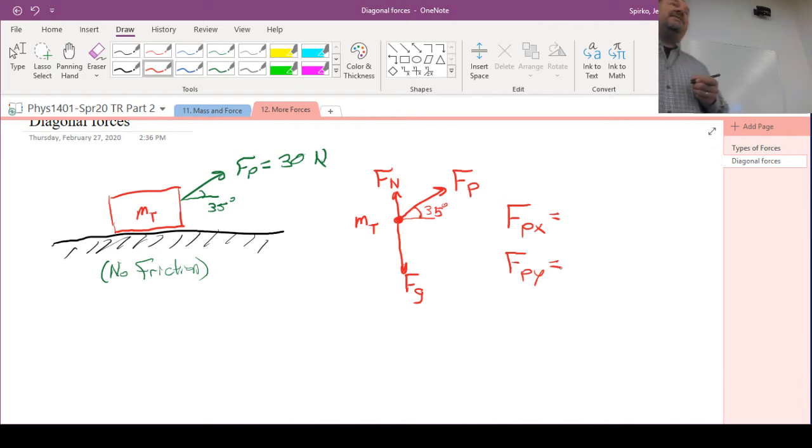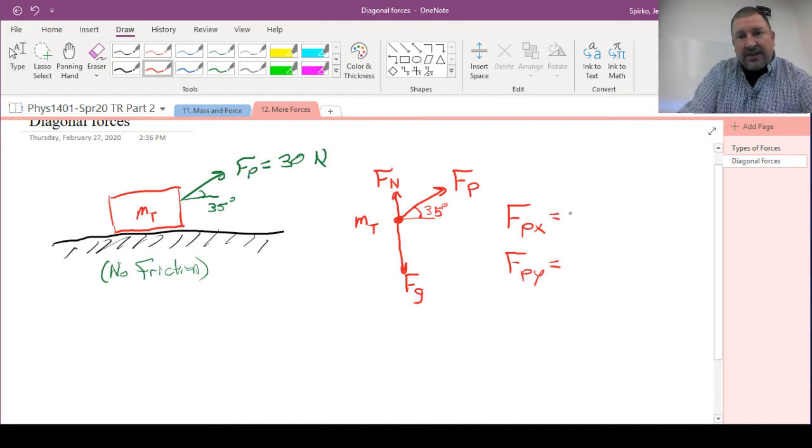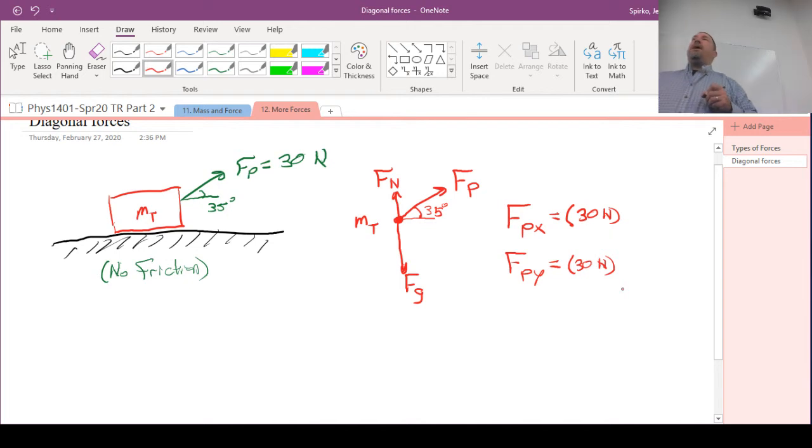So I don't need any minus signs. Each one of these is going to start with our 30 newtons. And one of them is going to be multiplied by the sine of 35 degrees. The other one's going to get multiplied by the cosine of 35 degrees. And the cosine goes with the adjacent, because SOHCAHTOA, cosine is adjacent over hypotenuse. So the adjacent for that angle is x, so x gets the cosine.